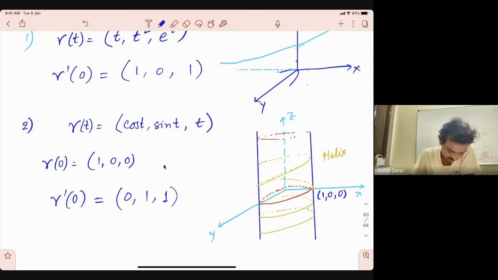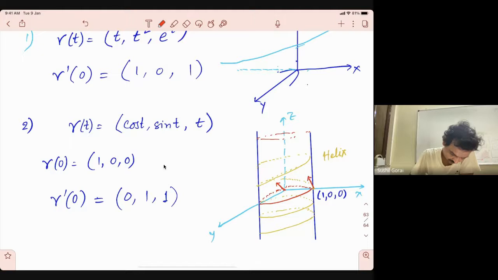X equal to 0, and in the yz-plane it's just (1, 1). So it is something like this.